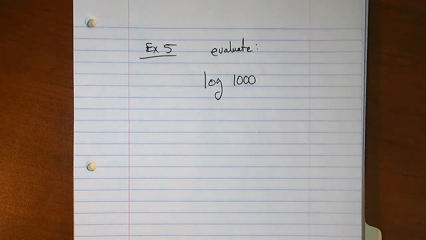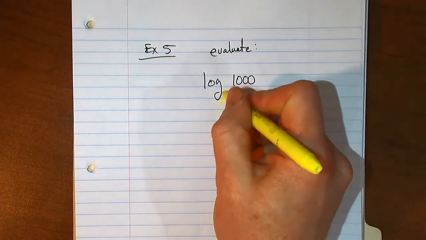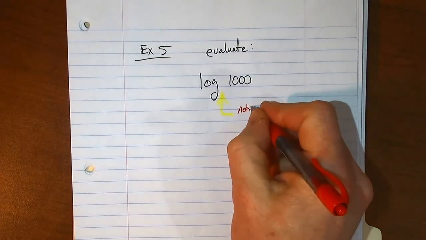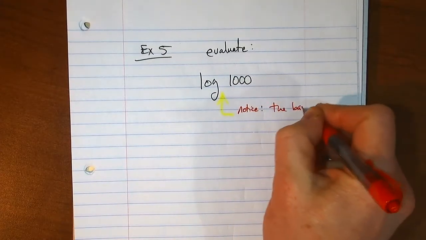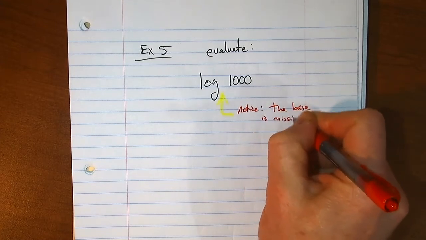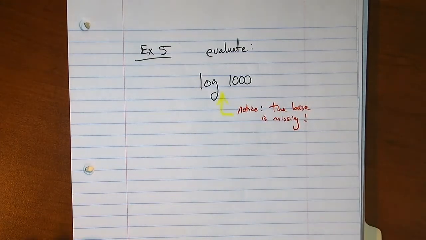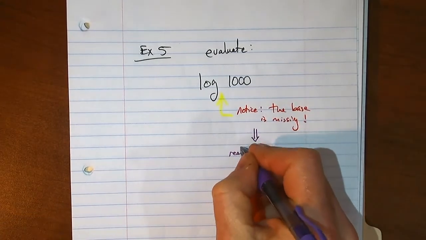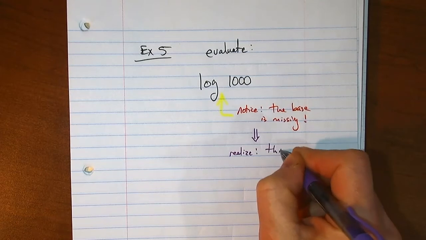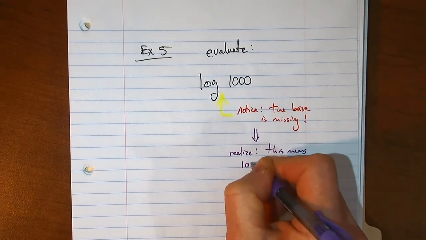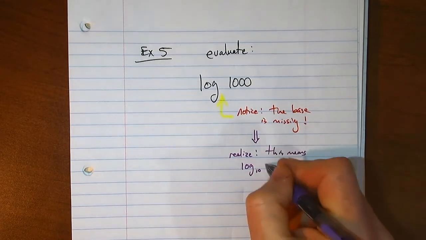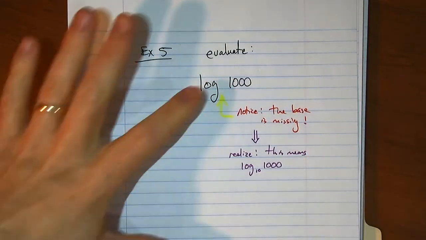The first thing you have to recognize is that the base is missing. Then based on that, you need to realize that this means log base 10 of 1,000. That's what this problem means.